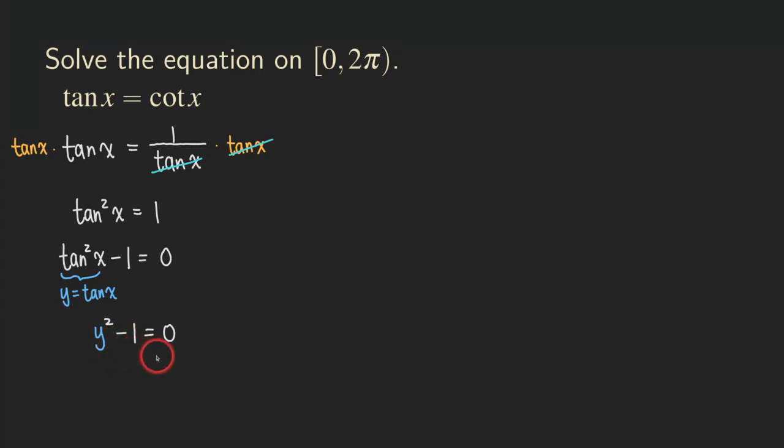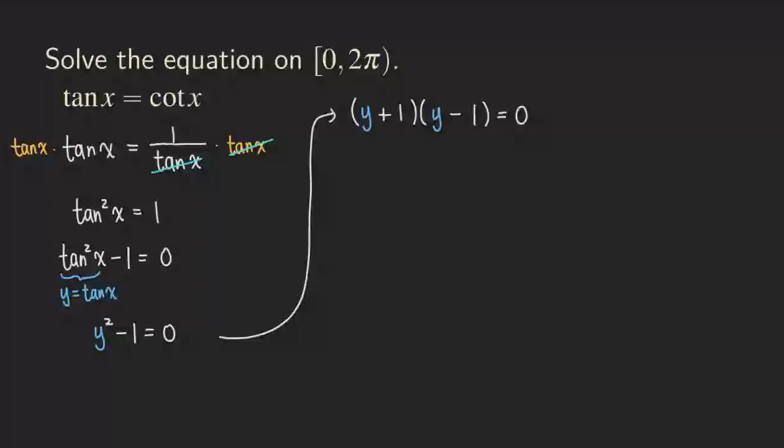That's the difference of two squares, and we can factor this easily by writing it as y plus 1 times y minus 1, equal to 0 on the right hand side. So we factor that using the difference of two squares formula.